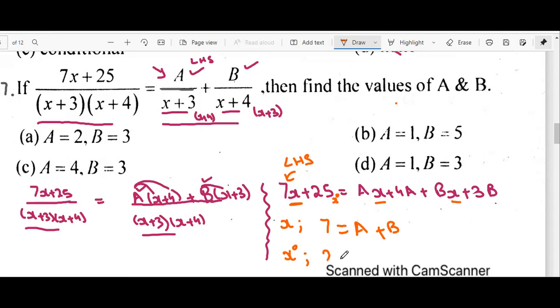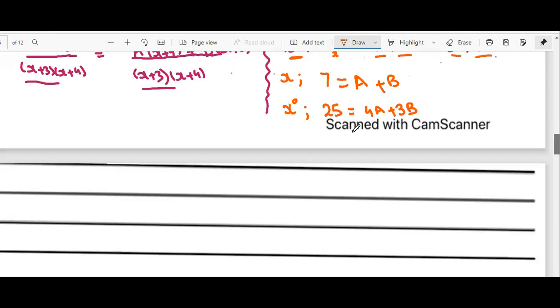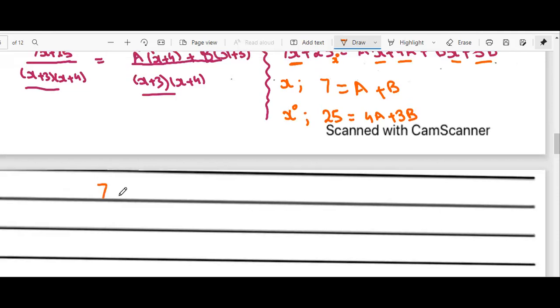So the constant term is 25 on the left hand side, and on the right hand side constant terms are 4a and 3b. Okay, now this thing is very simple. We are interested in finding out the values of a and b. We have two equations. We can solve these two equations simultaneously and get our values. So we have 7 equals a plus b, and the other one is 25 equals 4a plus 3b.